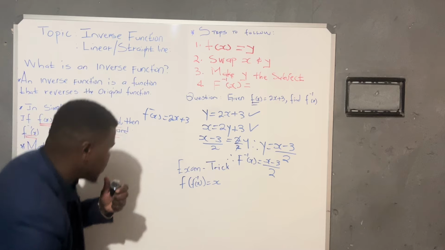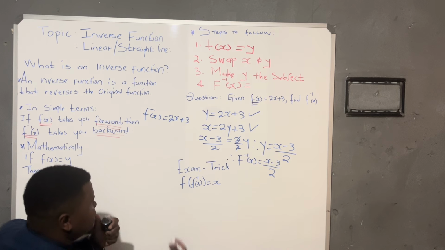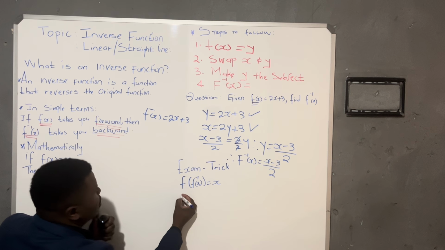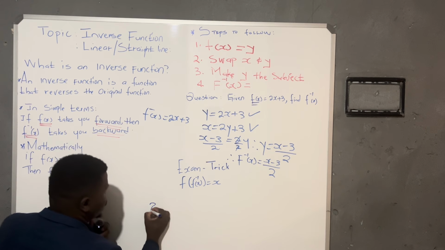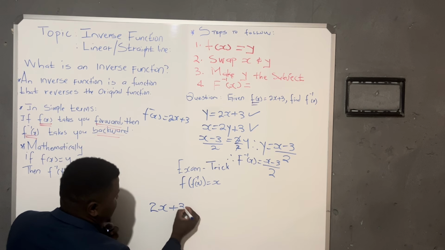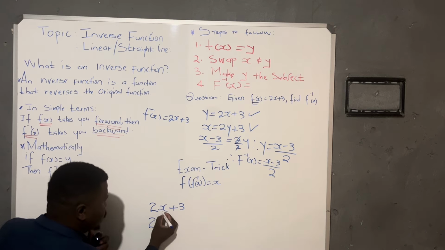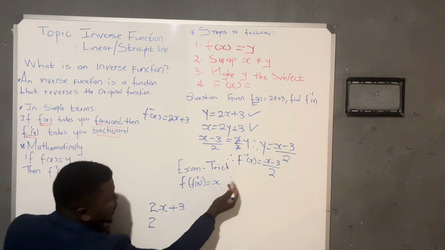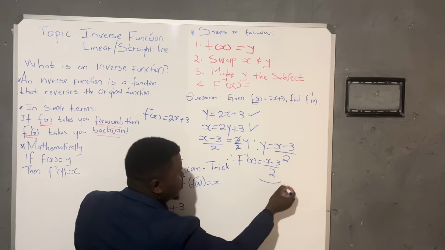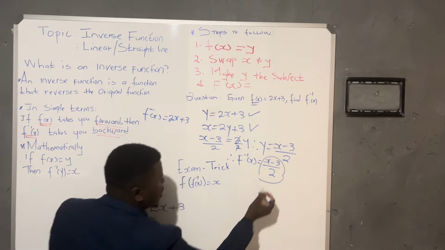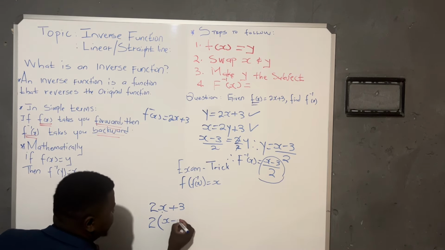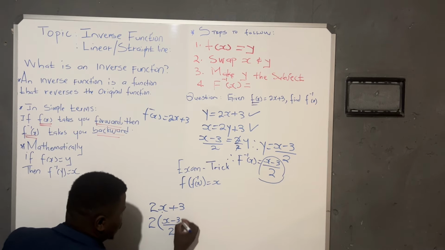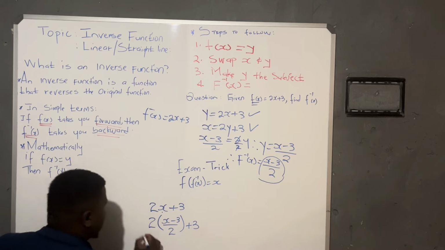Now, let's use that. Let's see here. So now, what I'm going to do, I'm going to take the 2x plus 3. Now, within this 2x plus 3, I must plug in my solution, my inverse. So where there is x, we put x minus 3 over 2, plus 3.